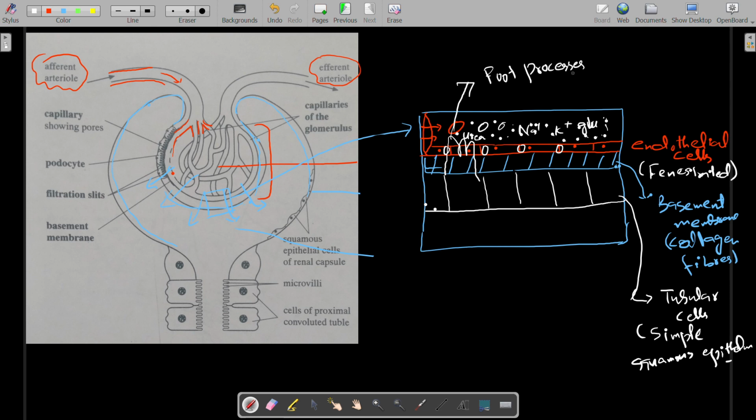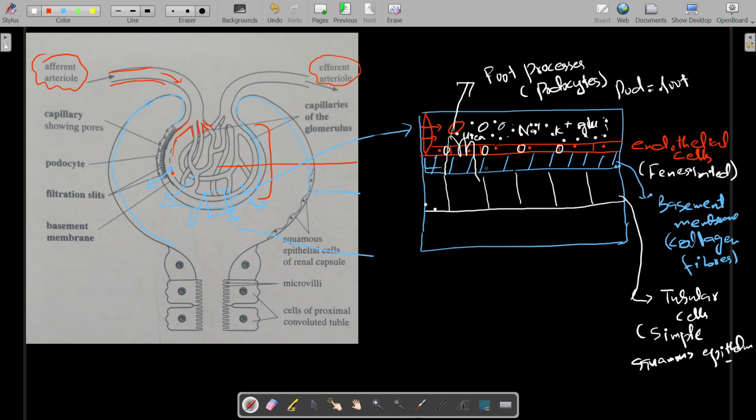For this reason, we refer to these cells as podocytes. Pod means foot. You might have heard about pseudopodia, false feet. So podia means the feet.